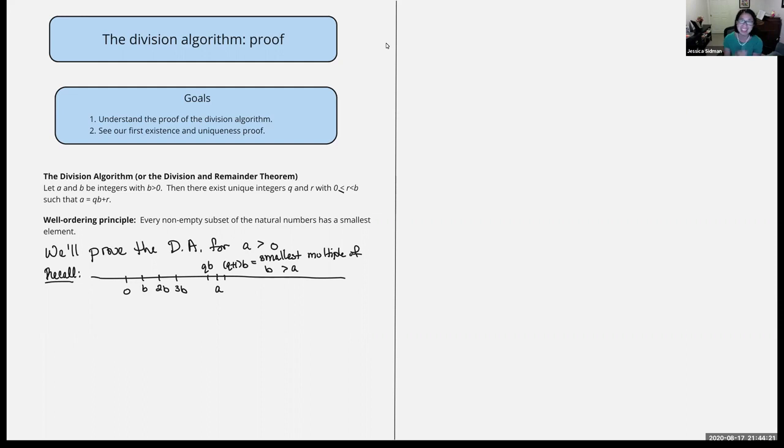And so this diagram, if you have this in your head, it's gonna make the proof a lot easier to understand. So let's see the proof now.